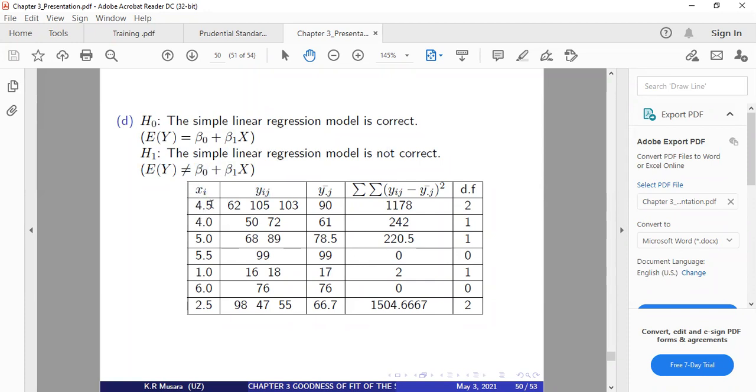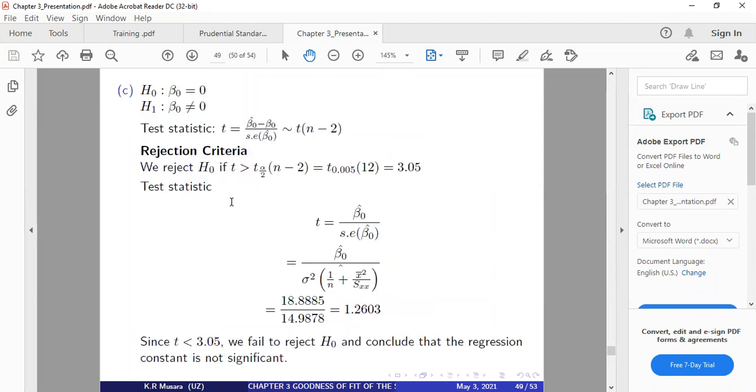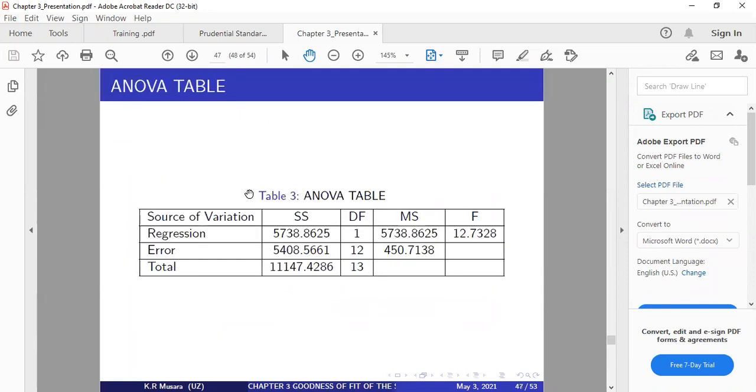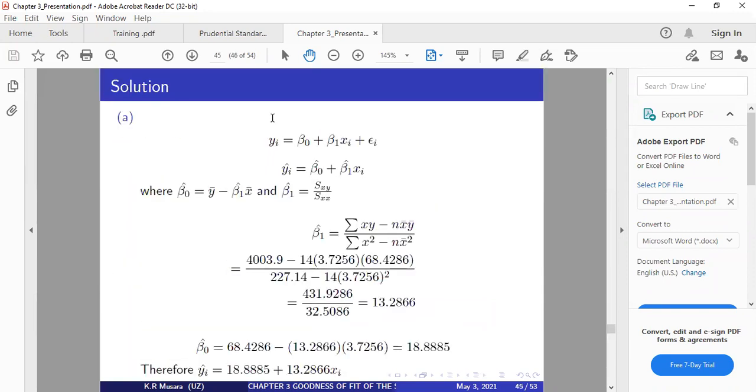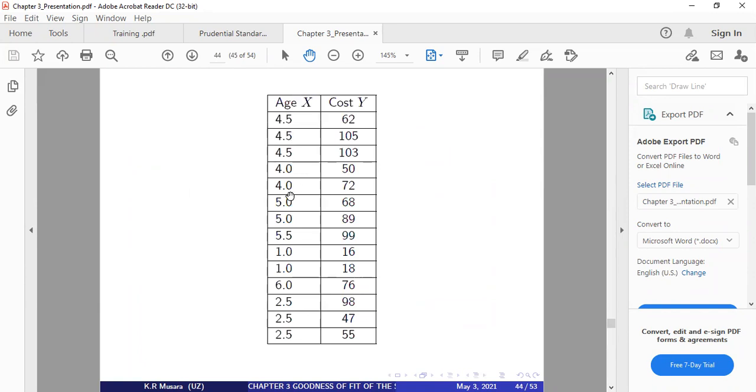So if you go to our table here, you see that we have got repeated replicates of the explanatory variables. If we want to perform the lack of fit, we need replicates of the independent variables or explanatory variables.